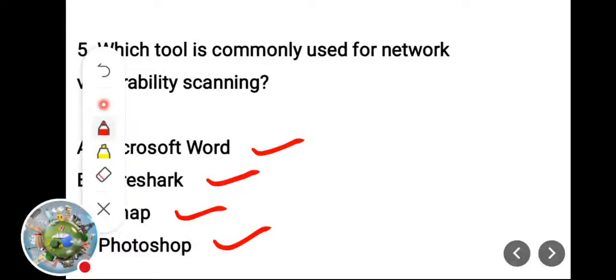Wireshark is a tool to identify vulnerabilities in penetration testing. Nmap is the tool where we can scan weaknesses. Photoshop is used for designing photos. So the answer will be C, Nmap.